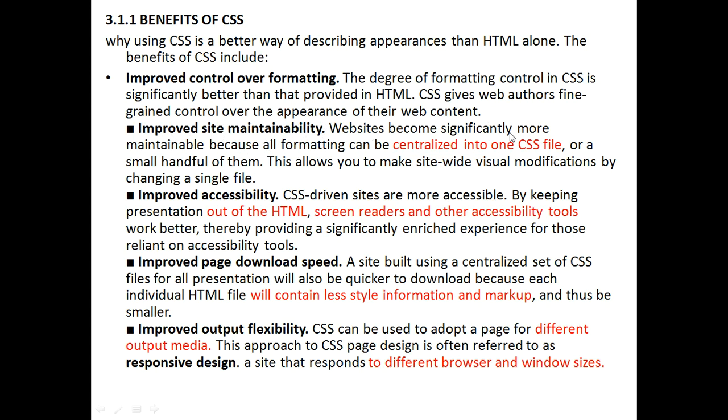Whatever the CSS properties, we keep them in a single file. If you want to make any changes, you can just change that single file, instead of doing everything within the HTML. It will affect all the content, all the HTML elements. That is maintainability.